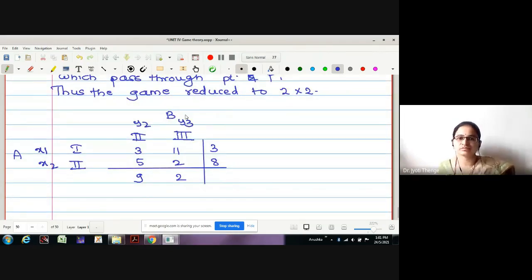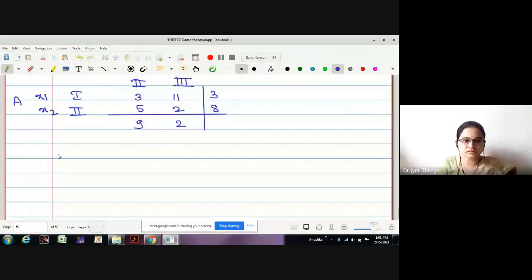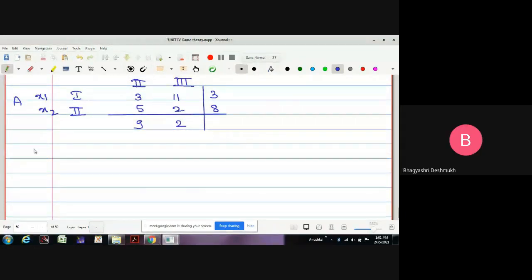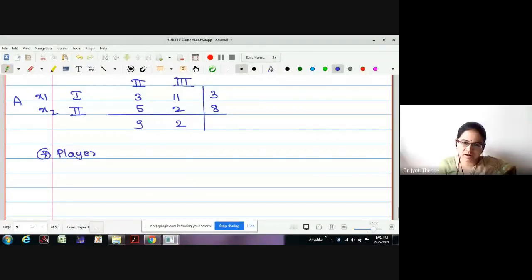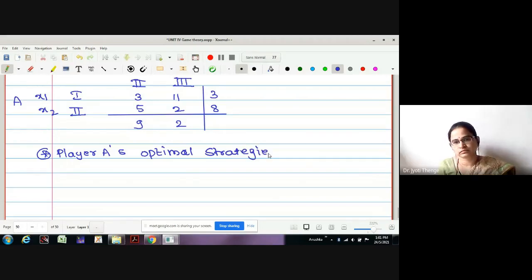What for X1? Player A's optimal strategies are X1 equal to, yes.